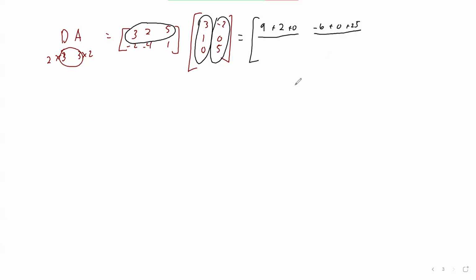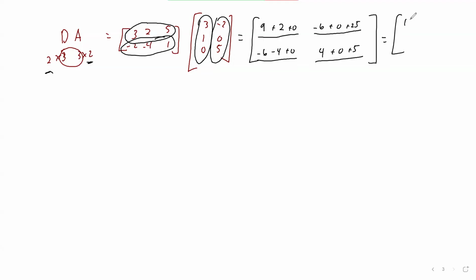That's one element. Row 1, column 1, row 1, column 2. And now we're going to go to row 2, column 1. So that's going to be -6, -4, plus 0. And then that's going to be 4 plus 0 plus 5. And then I'll finish with a 2 by 2, which is what the outside is.